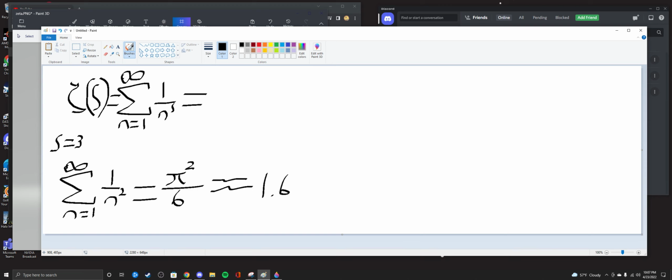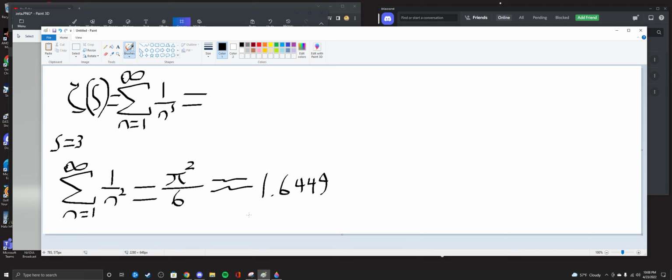Pi squared over 6 is approximately equal to 1.6449. I could have just done that on a calculator. So that's a rough decimal approximation of the Basel problem.